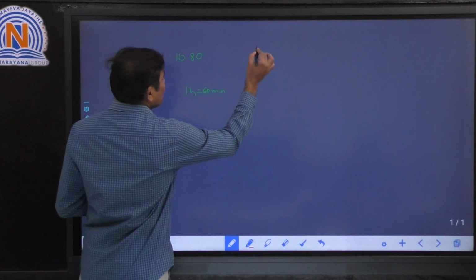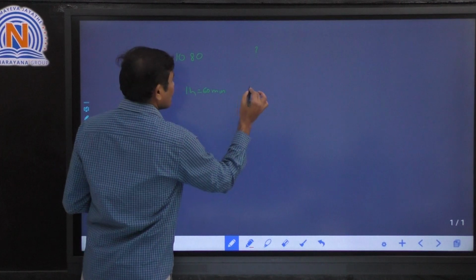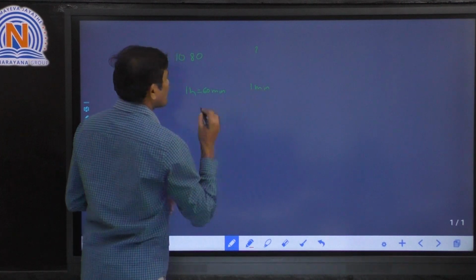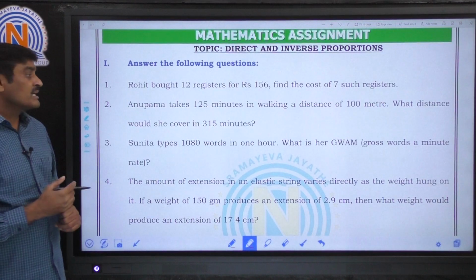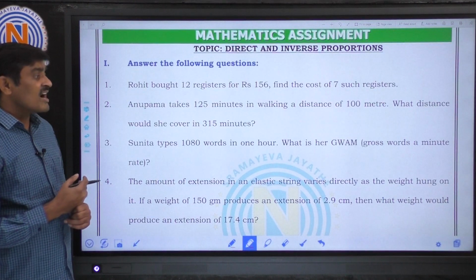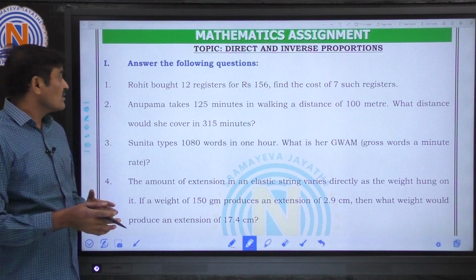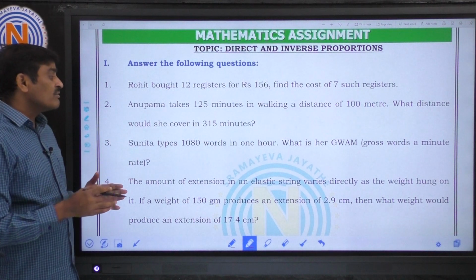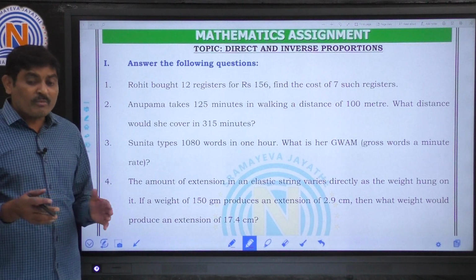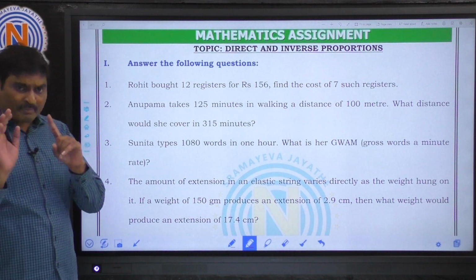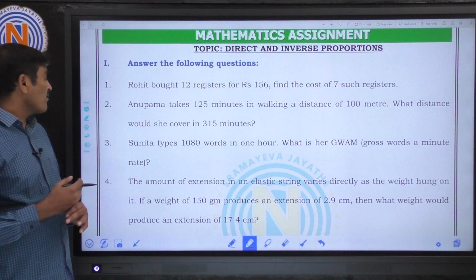They are asking how many words in 1 minute. She can type 1080 words in 60 minutes, so how many words she can type in 1 minute is the meaning of GWAM.